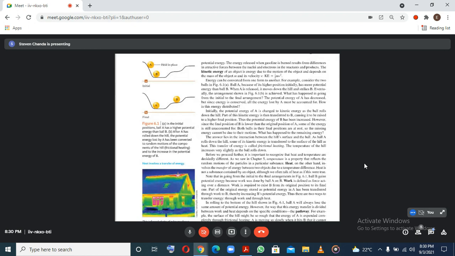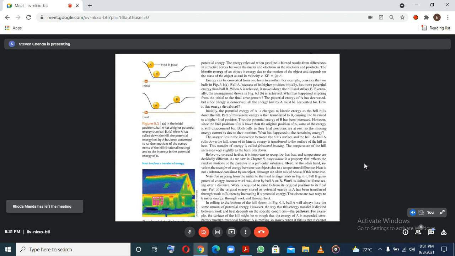After A has rolled down the hill, the potential energy lost by A has been converted to random motions of the components of the hill, frictional heating, and to an increase in the potential energy of B.